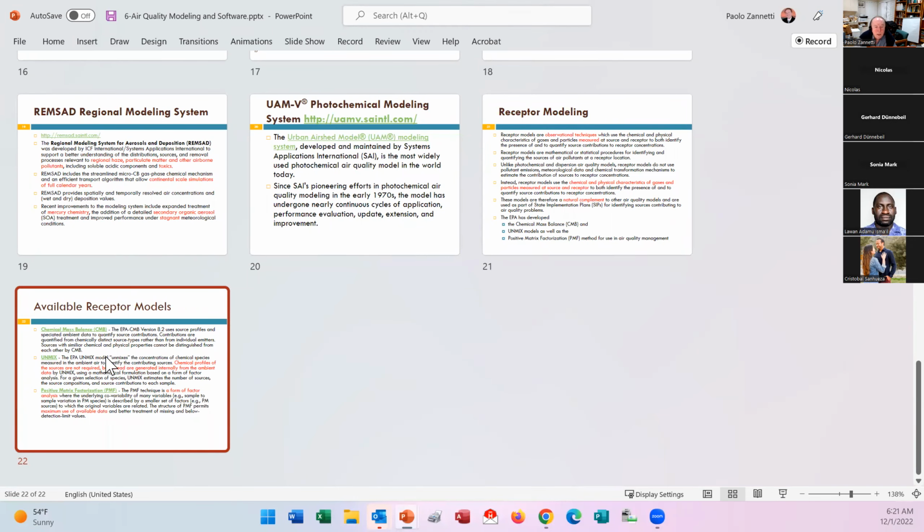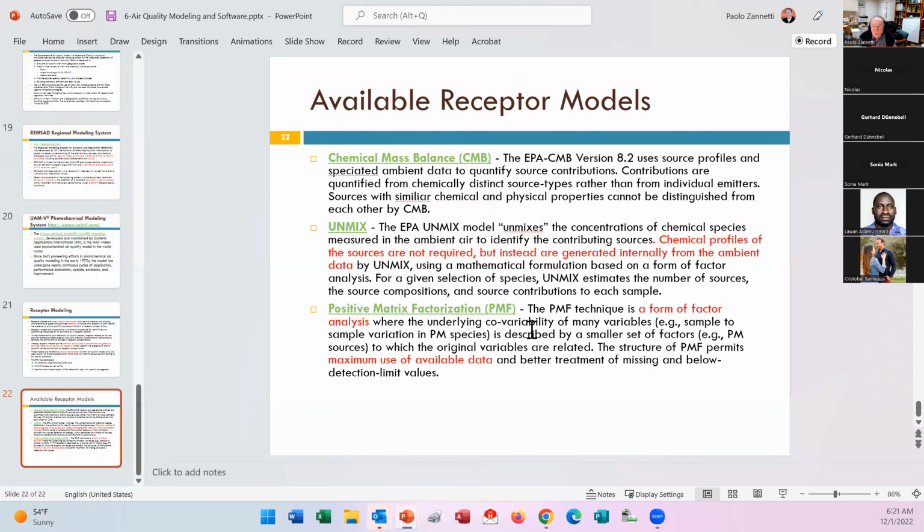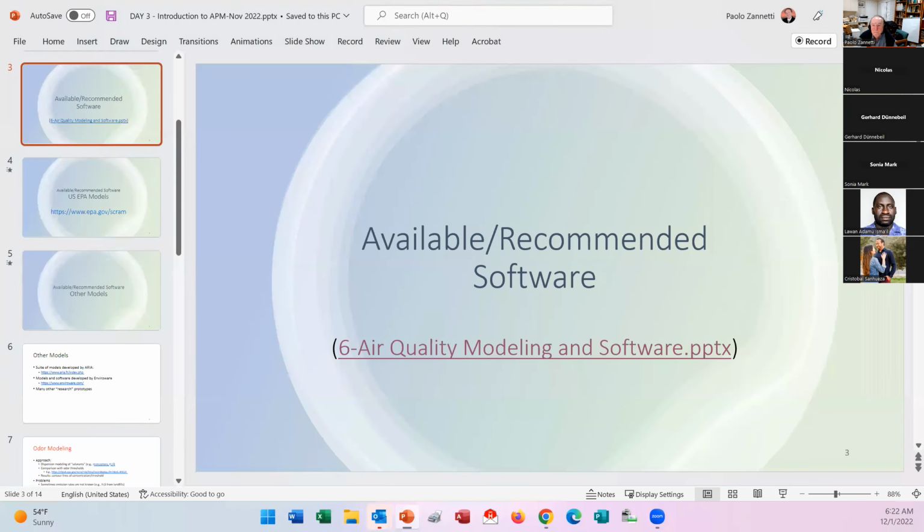Available receptor models, I already told you that if you want to start with receptor modeling, the chemical mass balance model is the way to start. And then you can move to other more complex methodologies, but the CMB is really the best choice at the beginning.